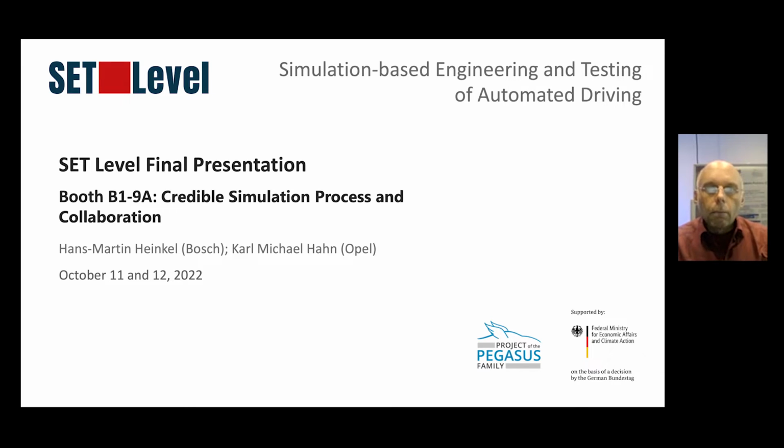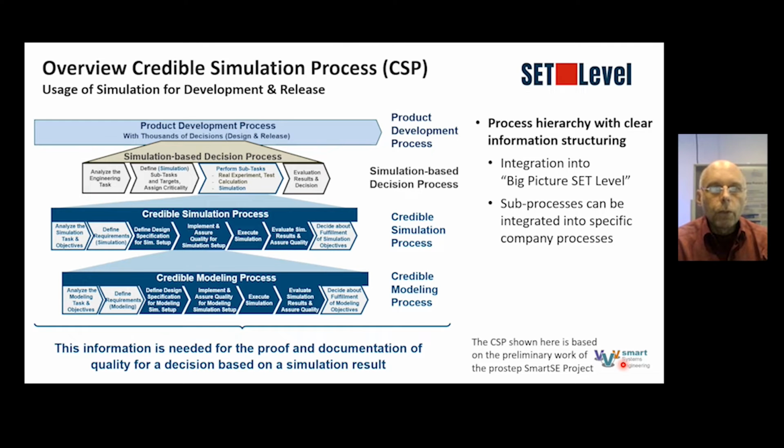As a starting point, I would like to show you the credible simulation process framework. This picture was already shown in the presentations by Stefan Rude, and it is based on the evaluation of about 20 companies. If you go to the basics of the processes in these companies, this is what occurs.